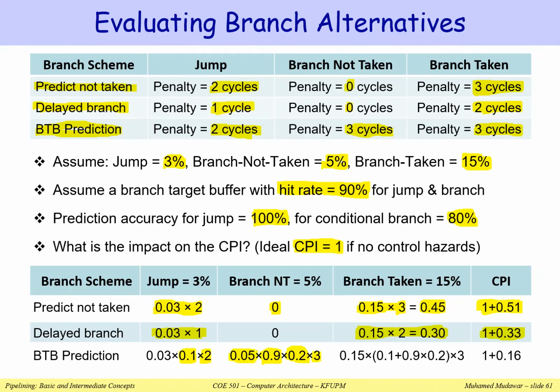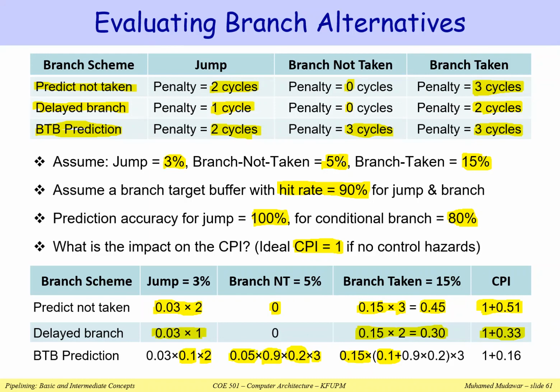In the case of branch taken, we have two scenarios. So we have 15% are the branches which are taken. We have two cases. Either we have a miss in the branch target buffer. So we did not really find this branch instruction in the branch target buffer. So therefore we are not going to branch, although we are supposed to branch.